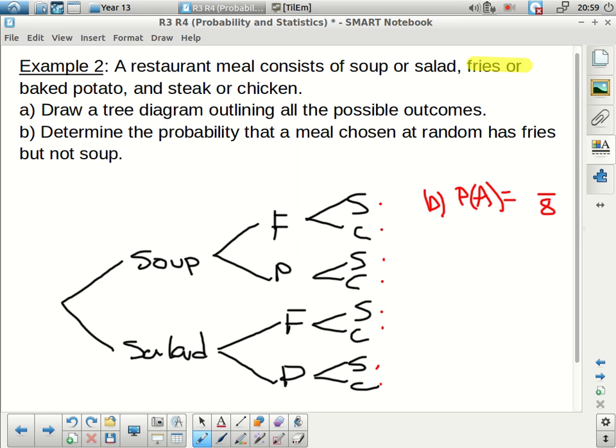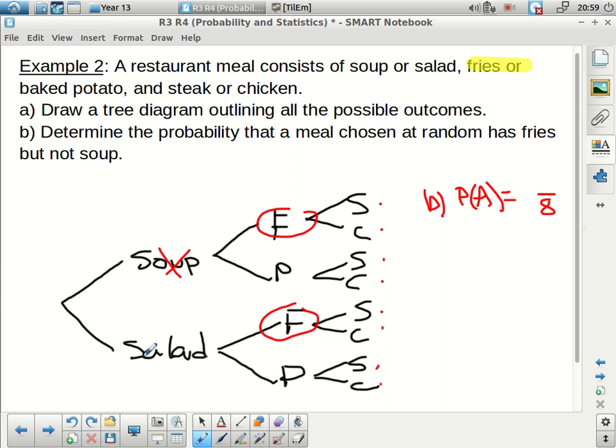Now for the numerator, we're just going to look at which ones I actually want. It has fries, so we need this, but not soup. So this entire section is out now.